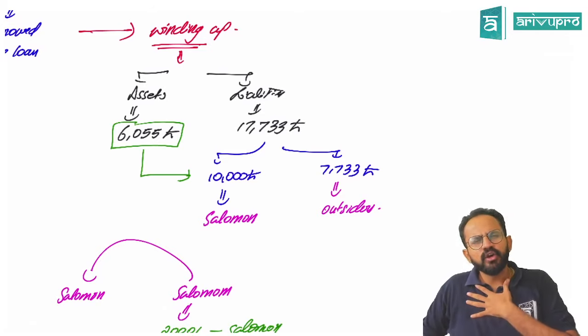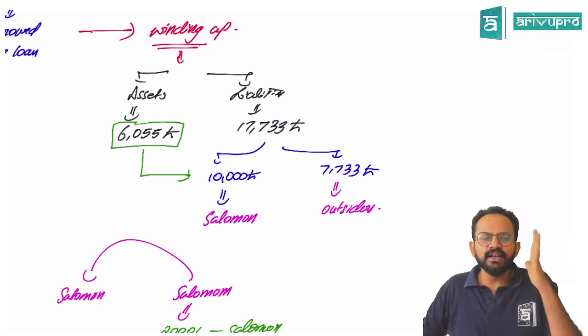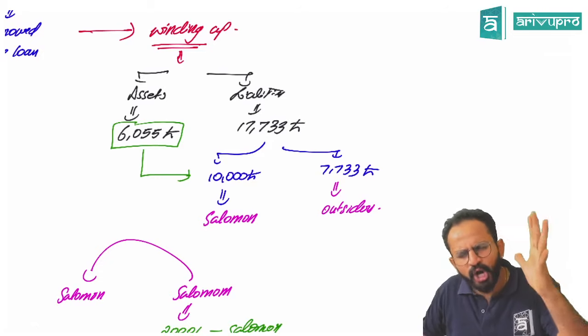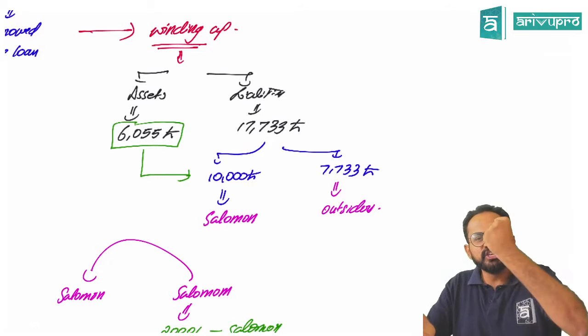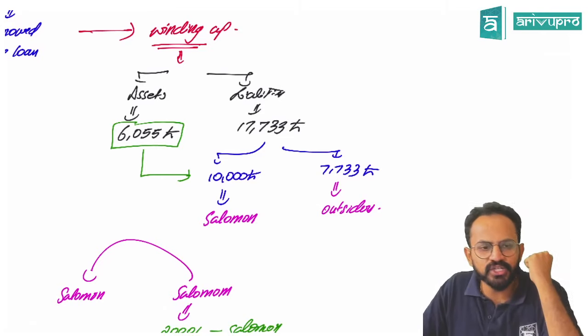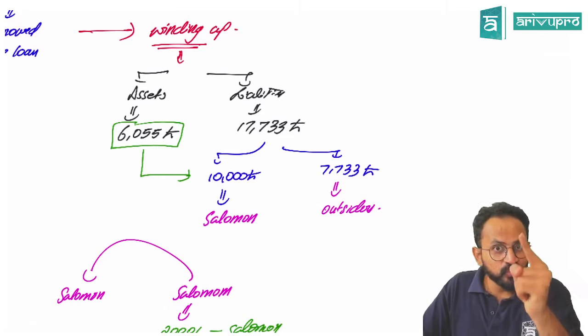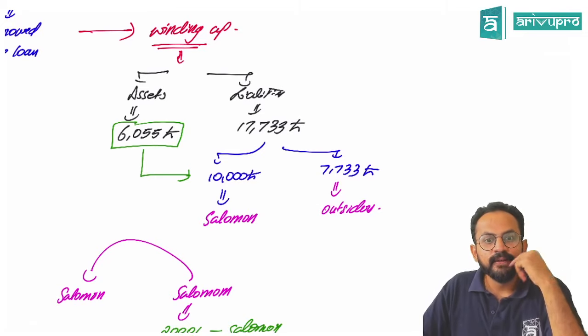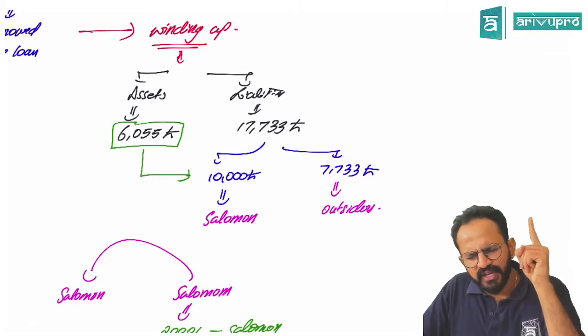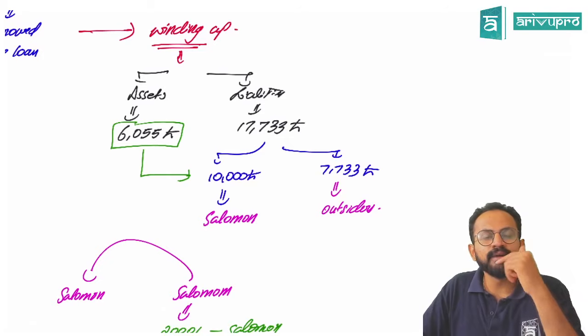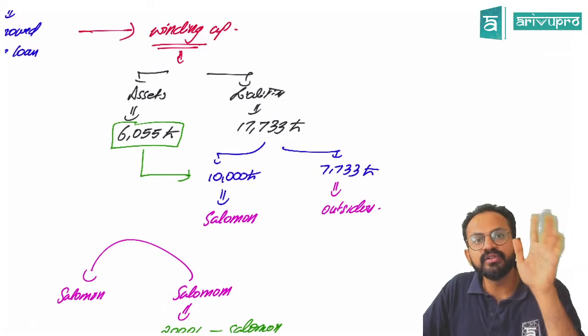The concept of separate legal entity strongly came into the picture, like a seal. The judge said this in the judgment: everywhere it was Salomon, but remember, Salomon is different and the company is different.